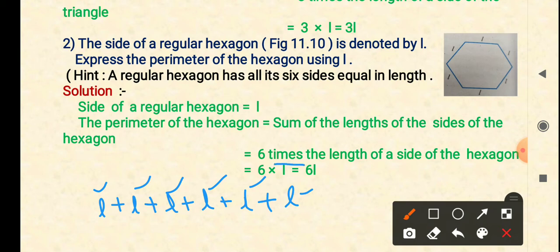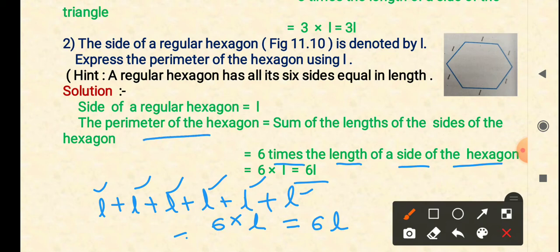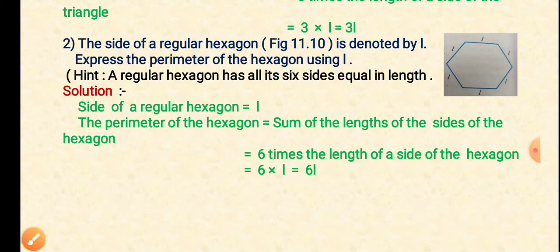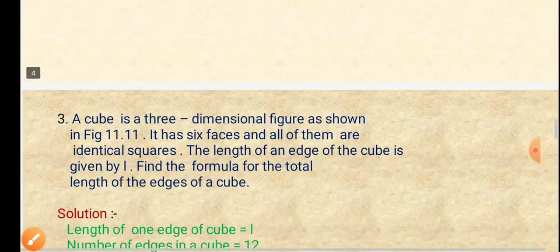So we write 6 times the length of the side of the hexagon. 6 times means we have to multiply 6 by L, adding L 6 times. So we write 6 multiplied by L, and we get the answer 6L. In this way we get the rule for the perimeter of a hexagon. Now let's solve the next example.